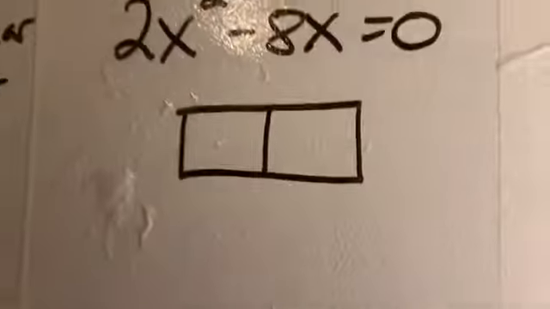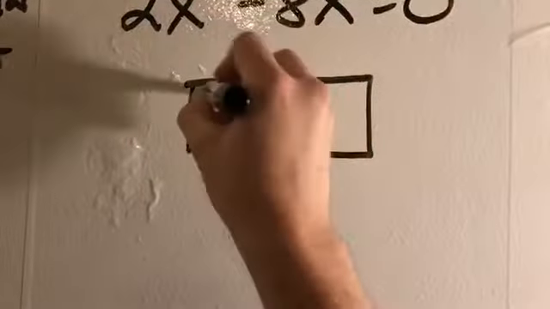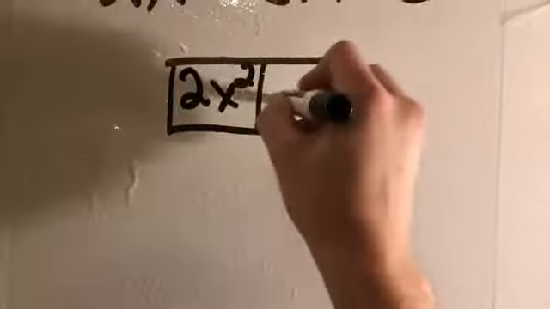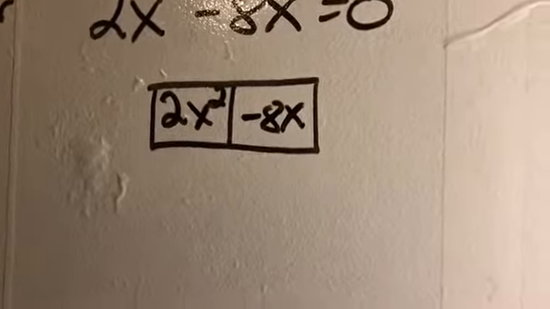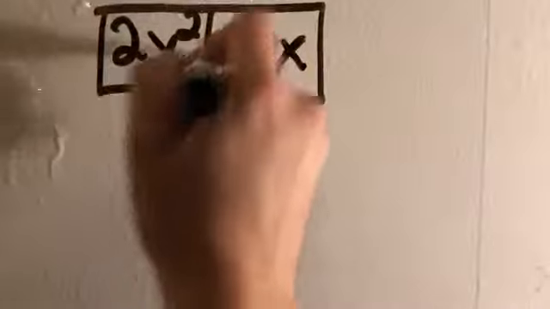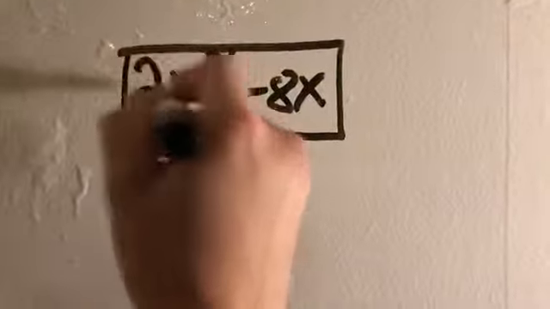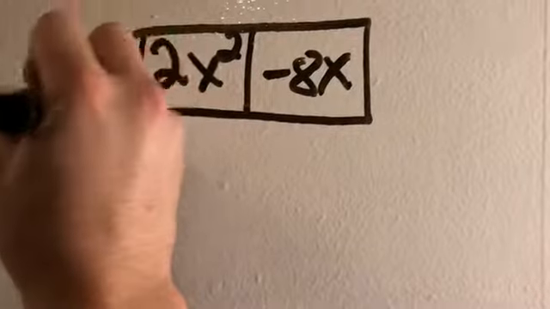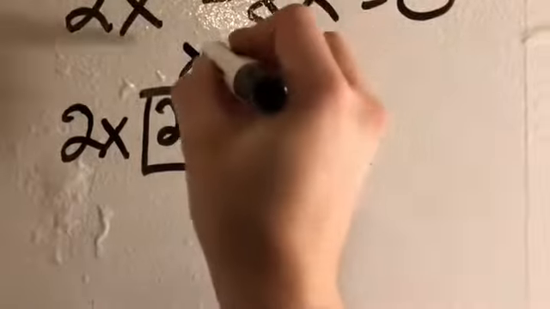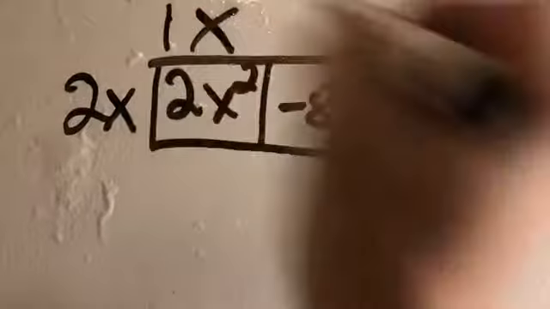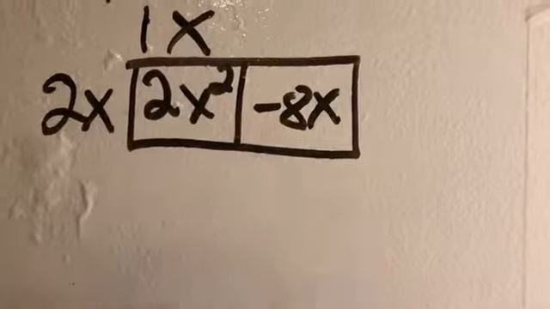We don't have a 2 by 2 box. We're just going to have a spot for the 2x squared and for the negative 8x. And now we're still, as usual, going to pull things out on either side. So we have to ask ourselves, how do we get to 2x squared? Well, the only way will be 2x times an x, because whenever we have a variable with no number, we assume there's a 1 out there, so 1 times 2 is 2, x times x is x squared.